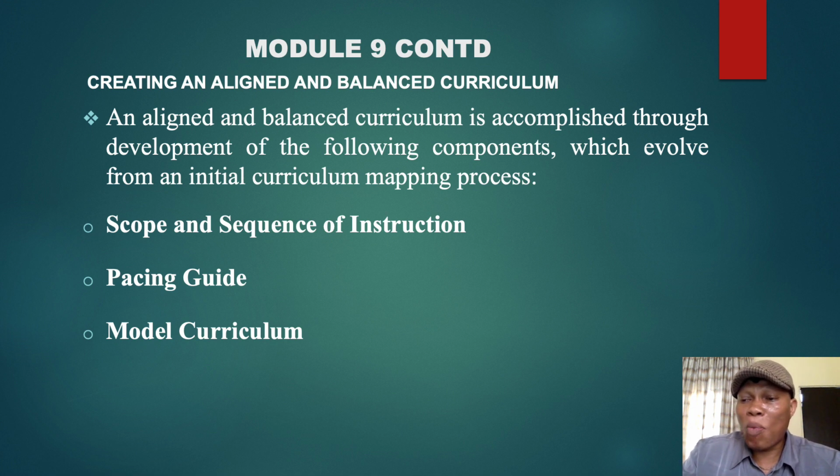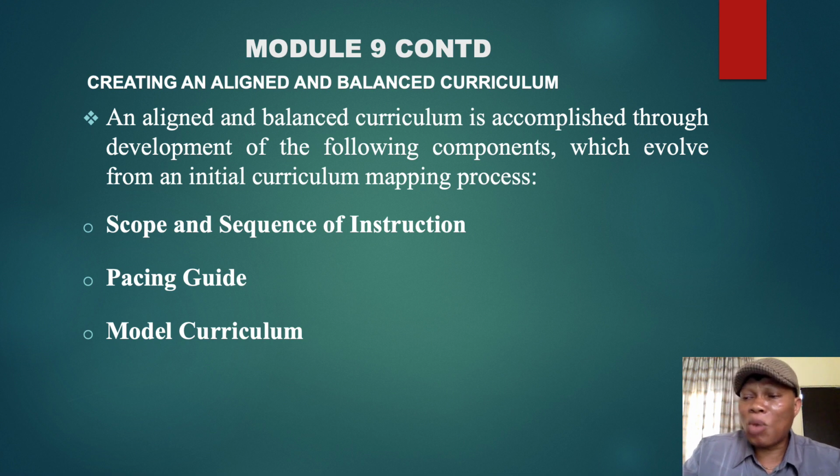The first one is scope and sequence of instruction. A scope and sequence of instruction provides a vertical view of the curriculum. It is organized around a list of concepts, skills, and key vocabulary derived from the state standards that all students should know and be able to do at each grade level, from kindergarten through high school.